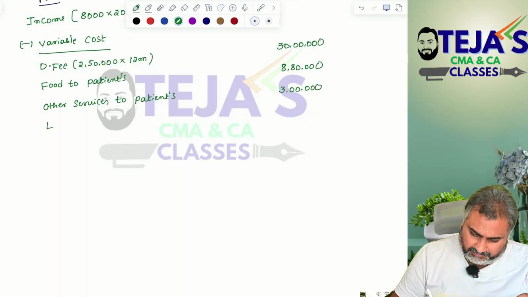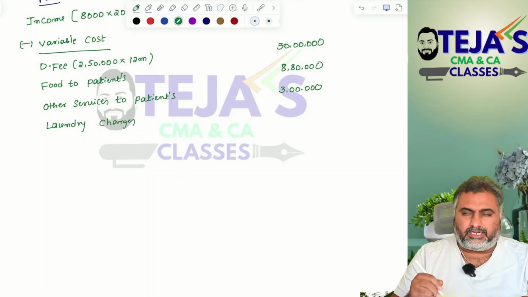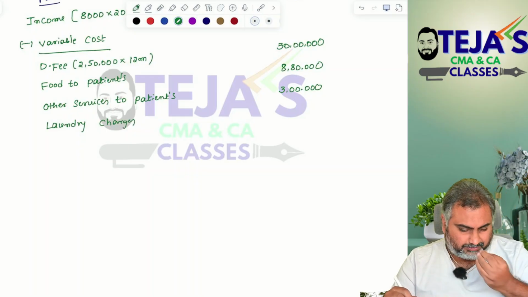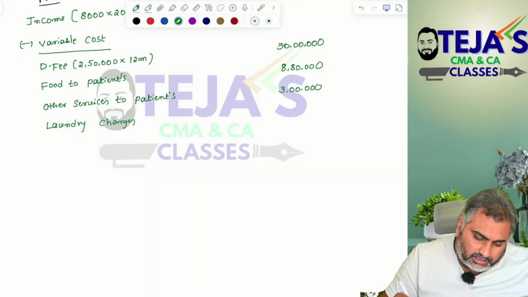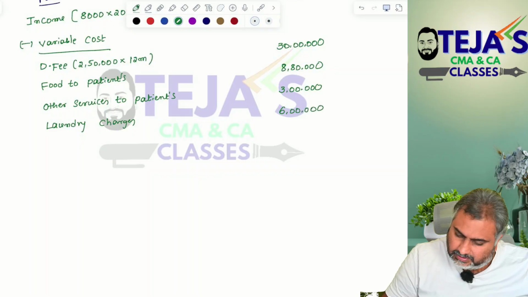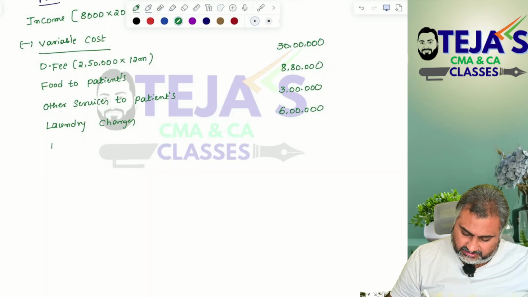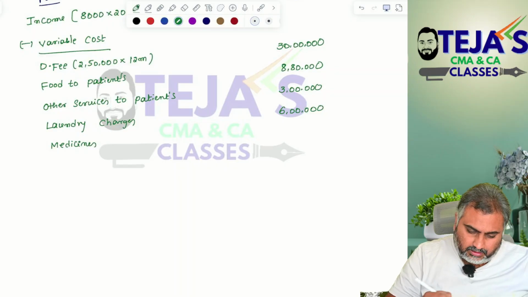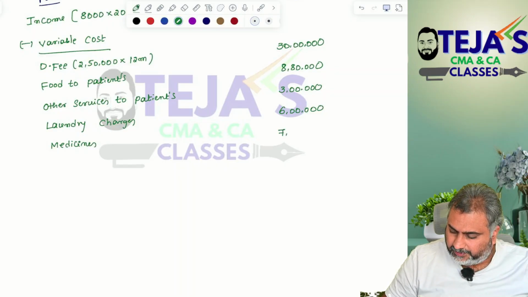Next, laundry. These are all given in the question only. We are just writing them from the variable expenses point of view. How much is given for laundry charges? 6 lakhs. Any more? Yes, sir. Medicines. How much? 7 lakh 50.